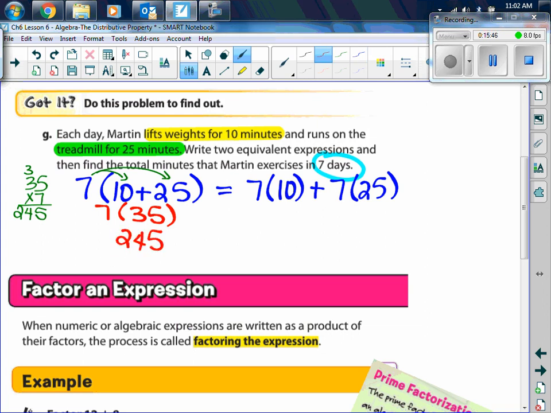On the other side, we have 7 times 10 is 70, plus 7 times 25 is 175. 70 plus 175 is 245. So we are correct.